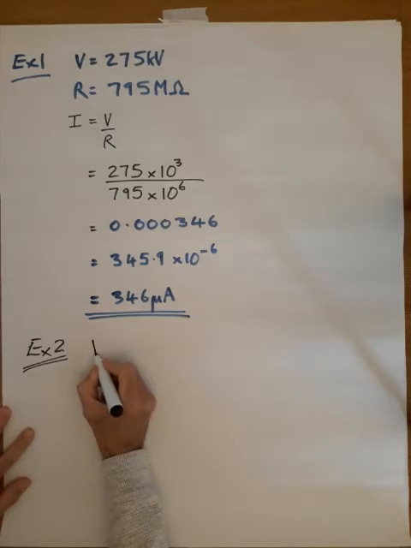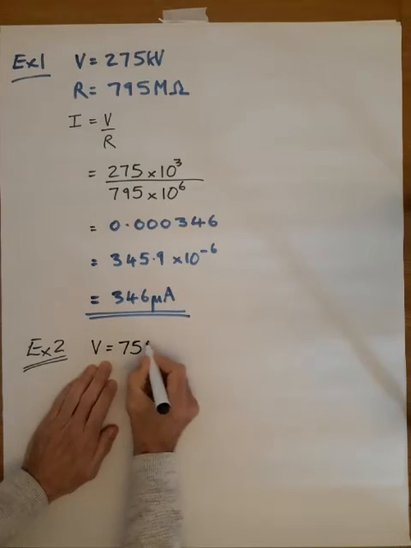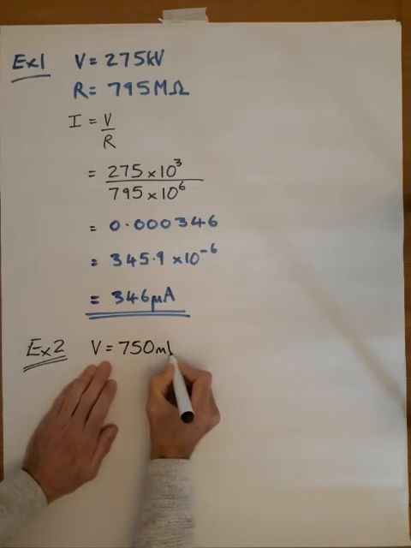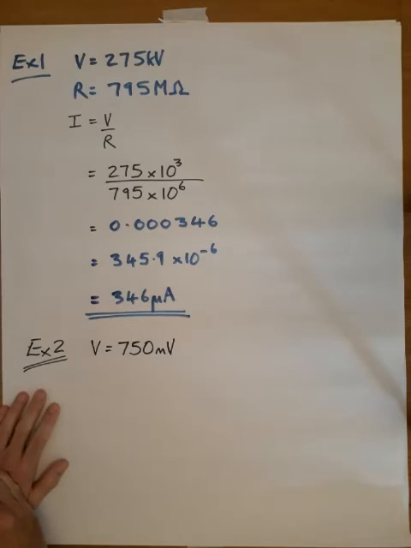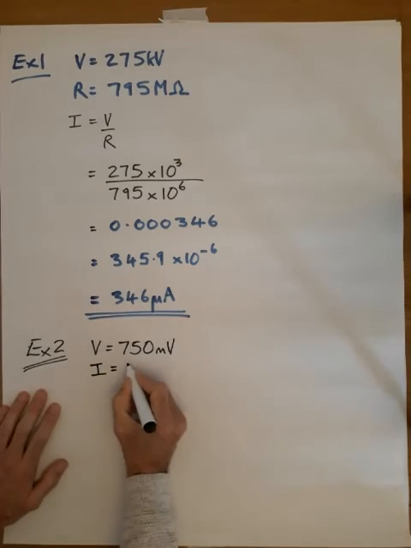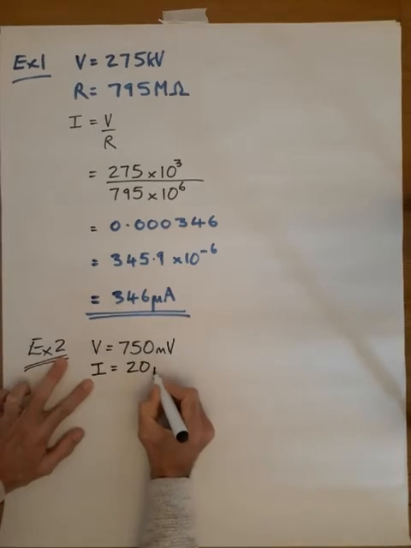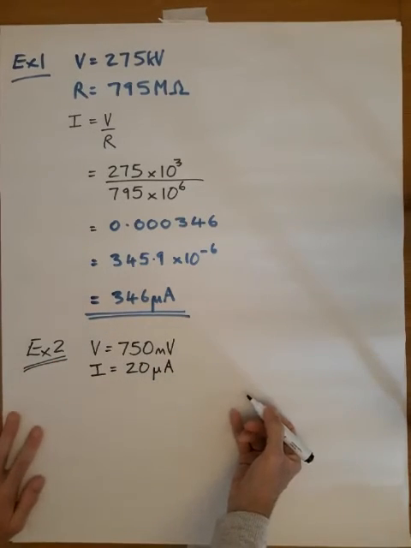So potential difference is in volts. V equals 750 millivolts. And the current flowing through it is 20 microamps. So I equals 20 microamps. Find the value of the resistor.